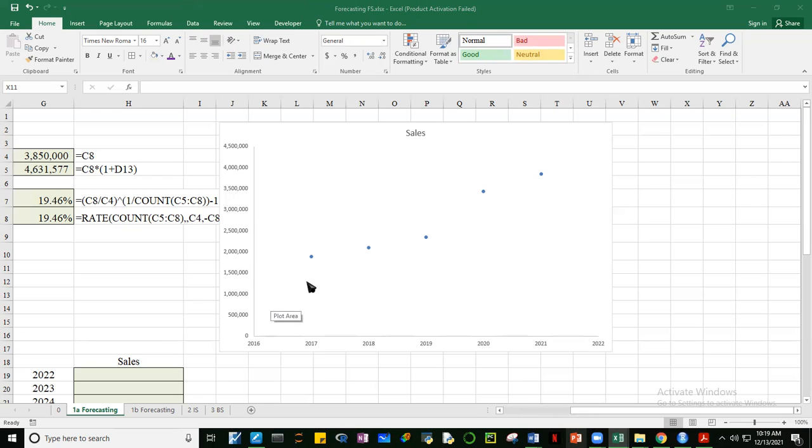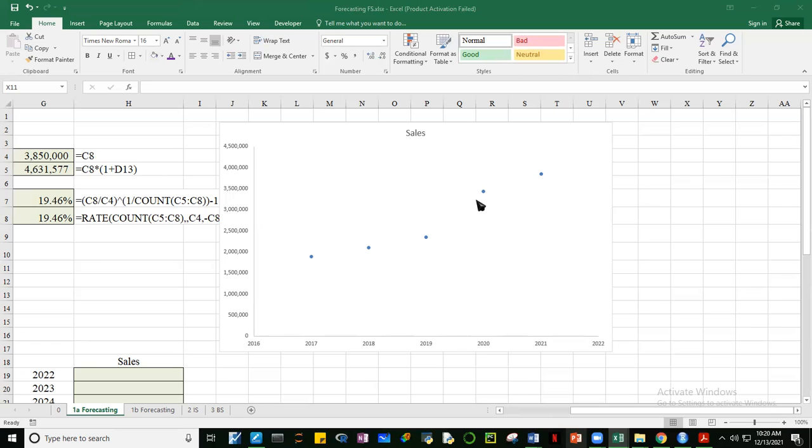But not too far into the future, because our data is only from 2017 to 2021. We're not really sure what will happen in 2022. So we're just using our historical figures to project into the future.